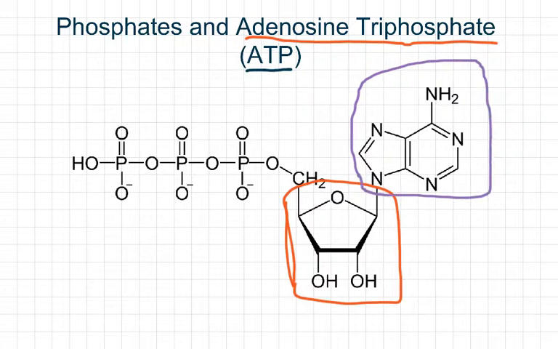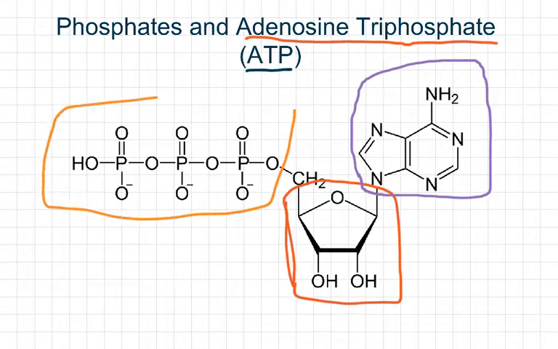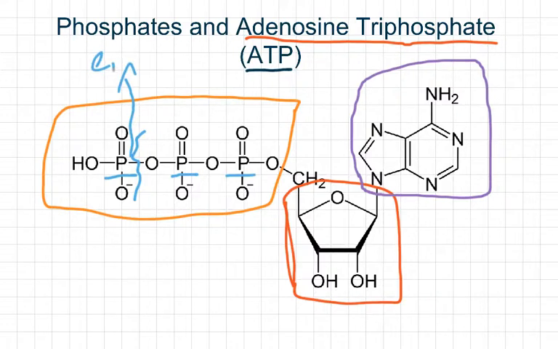And the third, and probably the most important component, is the three phosphate groups attached to the adenine component of ATP. And so what makes ATP such a powerful energy source are these high energy bonds that bind the phosphate groups together. And when we cleave off one of these phosphate groups, it releases a large amount of energy that is utilized for the biological processes within the body.